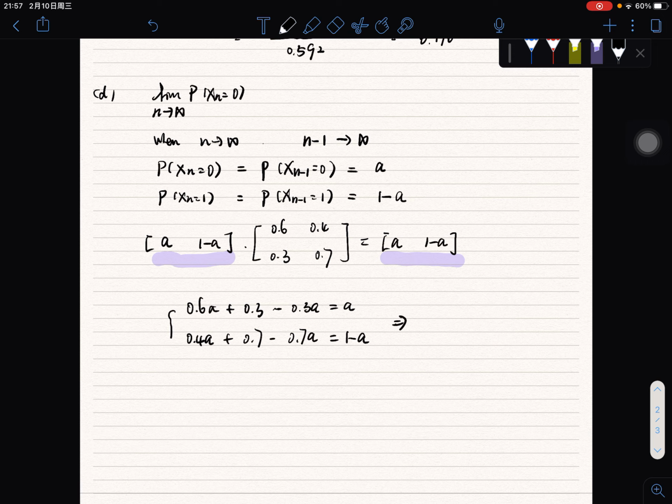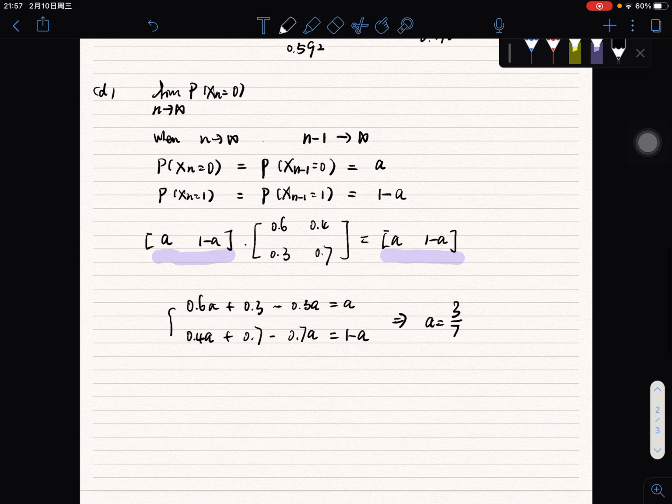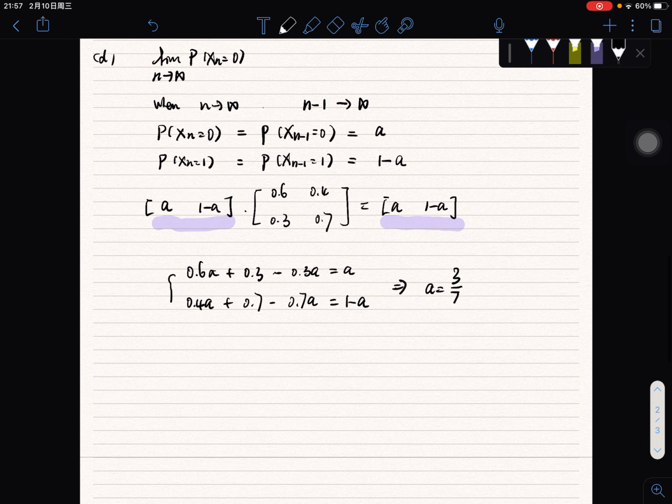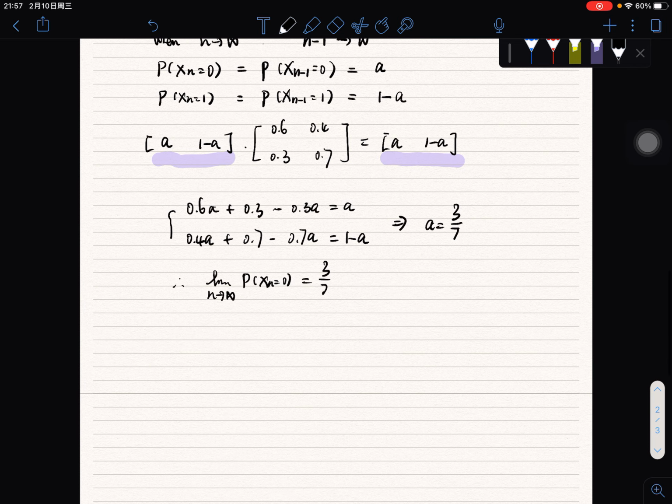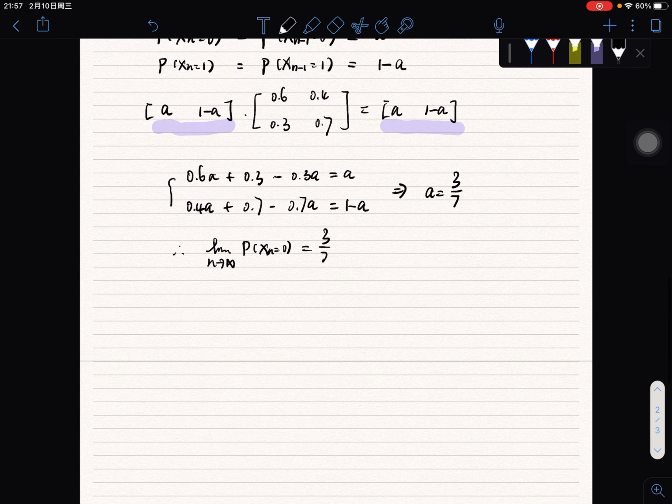And then we calculate and get a equals 3 divided by 7. And here we get that when n goes to infinity, the probability of xn equals 0 is 3 divided by 7. That's all. Thank you.